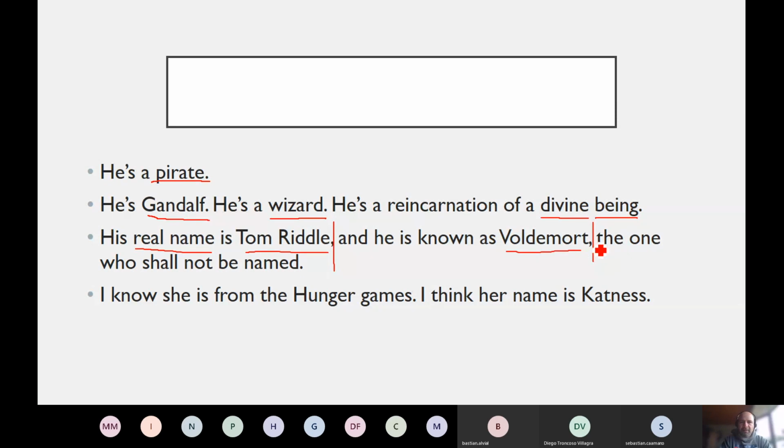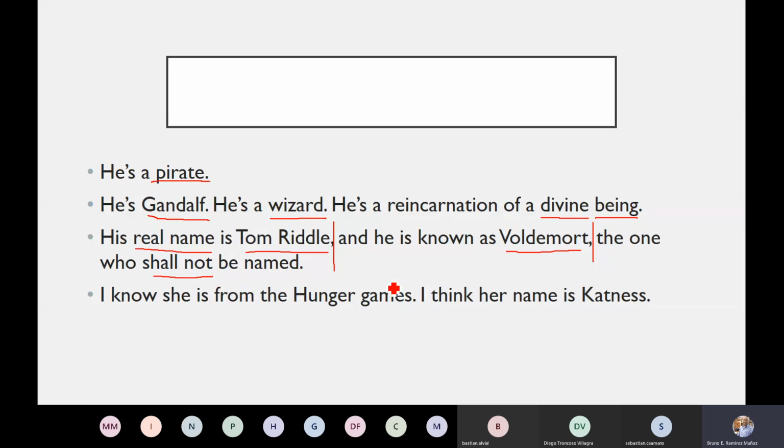And after Voldemort, shall not. Both shall and not? Ah, both. All right.